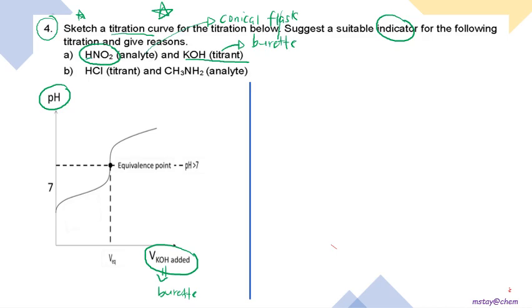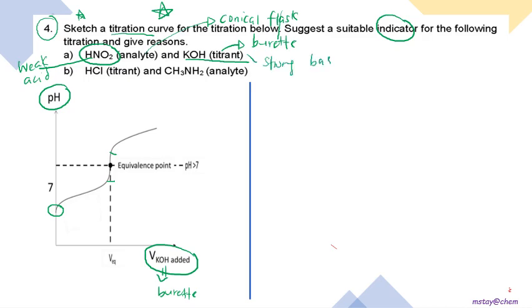This one is a weak acid, so the curve starts from less than 7 and then increases up to a point. It will have a steep part and then continue to increase the pH value because KOH keeps on being added. So HNO2 is weak acid, KOH is strong base.